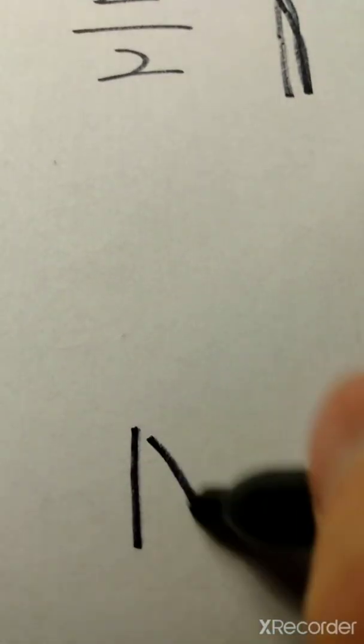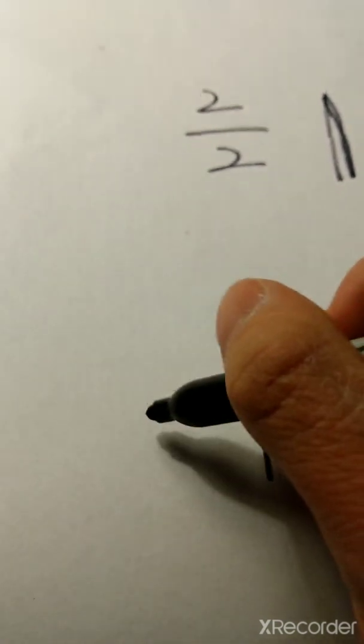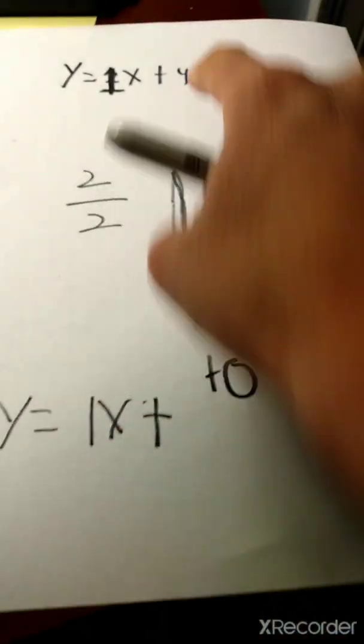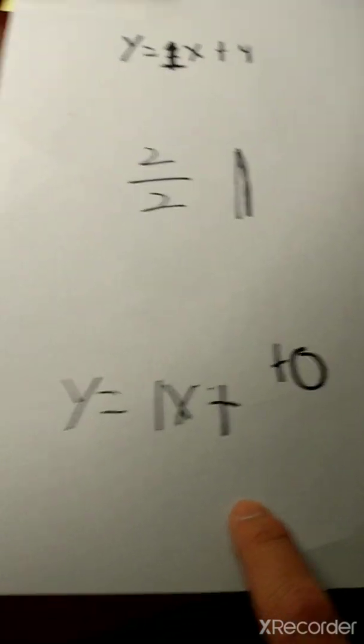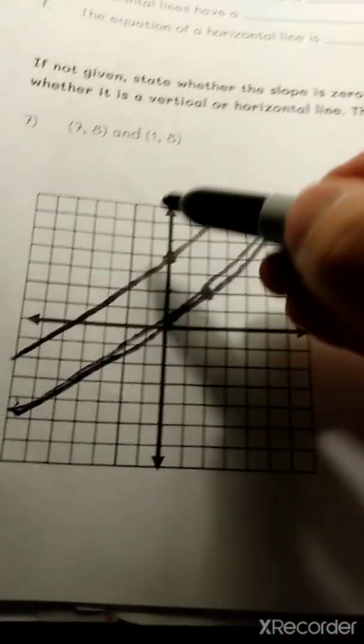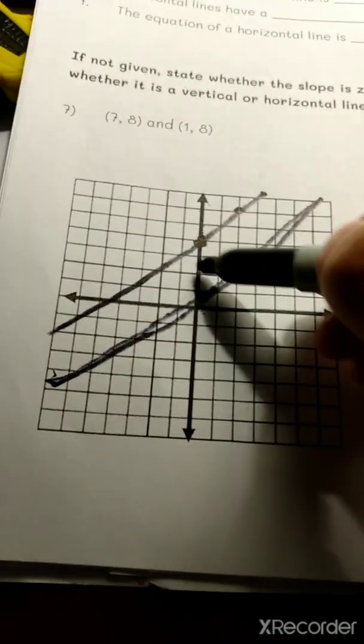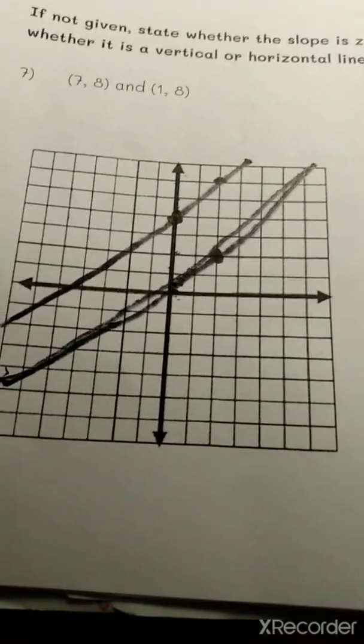So they're the same slopes, but we place them in different positions. So we have y equals 1x plus 0. That represents the bottom line. These two have the same slope because all we did is take this one and move it to another position.